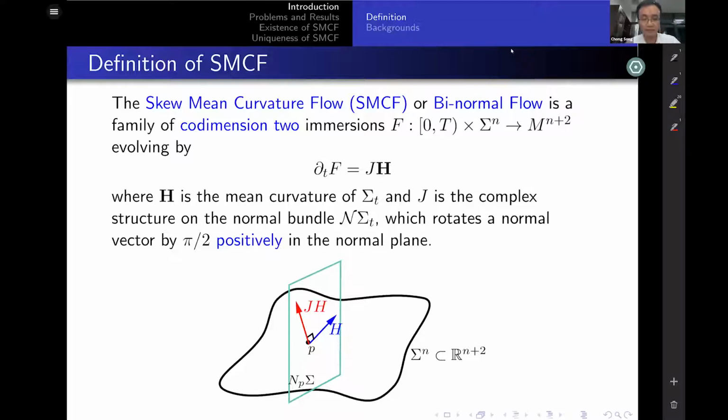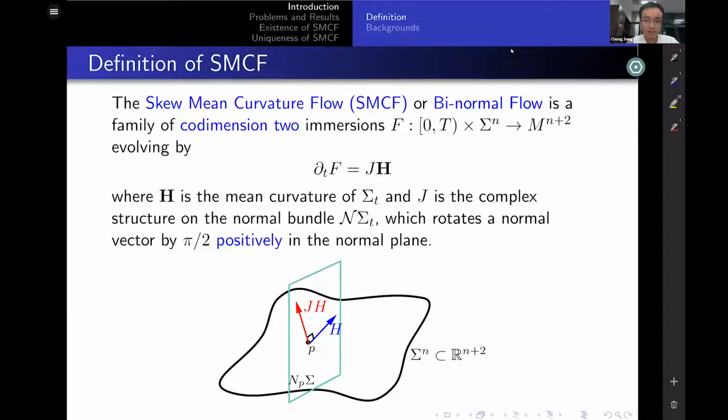So formally, for a family of submanifolds F, let H denote its mean curvature and J denote the complex structure on the normal bundle, which simply rotates a normal vector by pi over 2 in the normal plane positively.